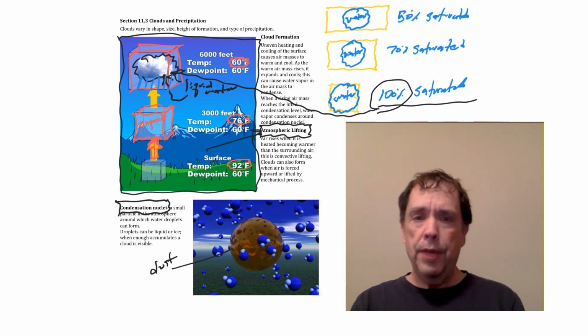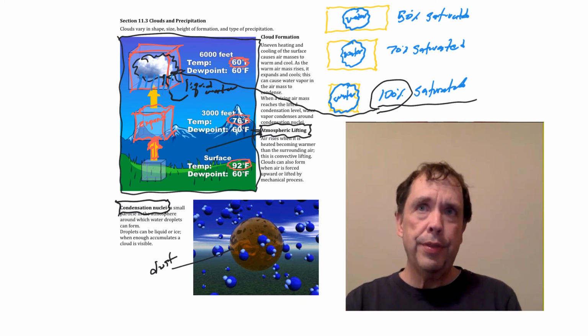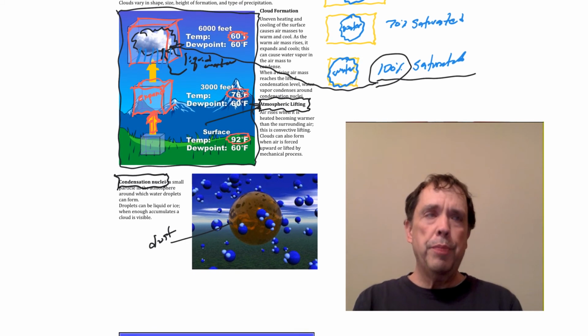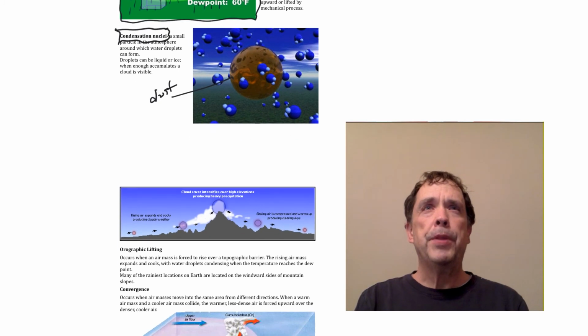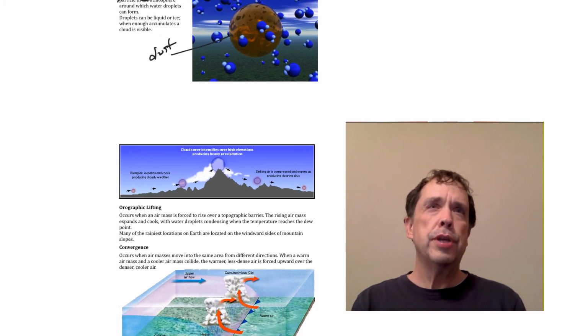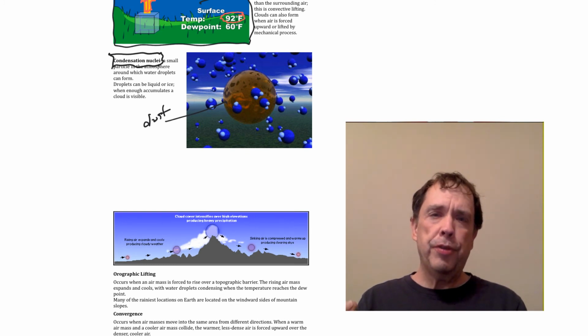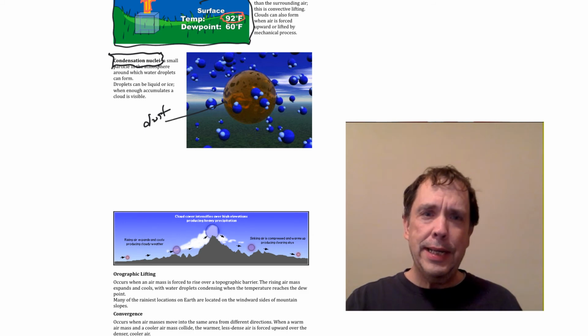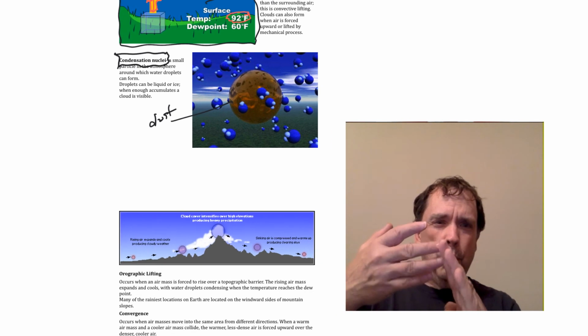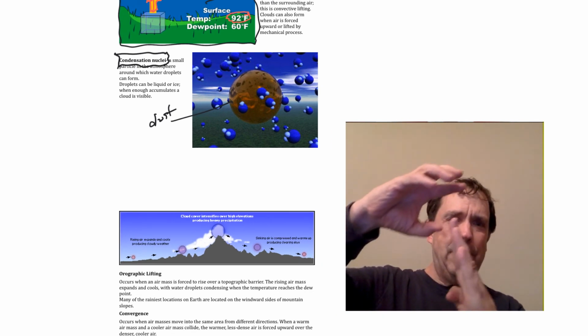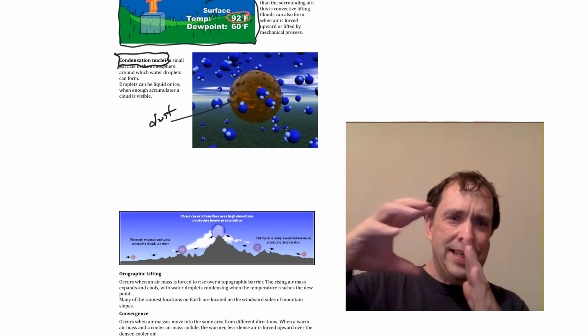Okay. The last thing here is orographic lifting. So oro meaning mountain. So you're going to have essentially mountains that get in the way of a cloud. If you've got a cloud that's got moisture in it, and the wind is blowing that cloud and it hits a mountain, well, it could drive that cloud up the mountain because it doesn't have anywhere to go.